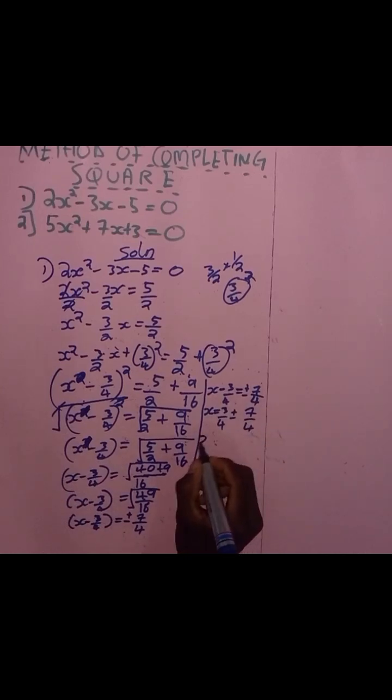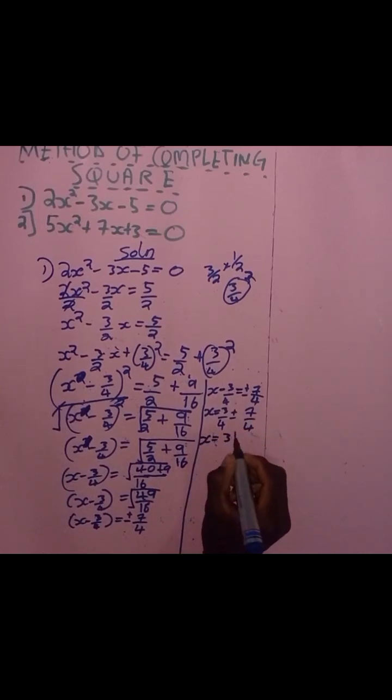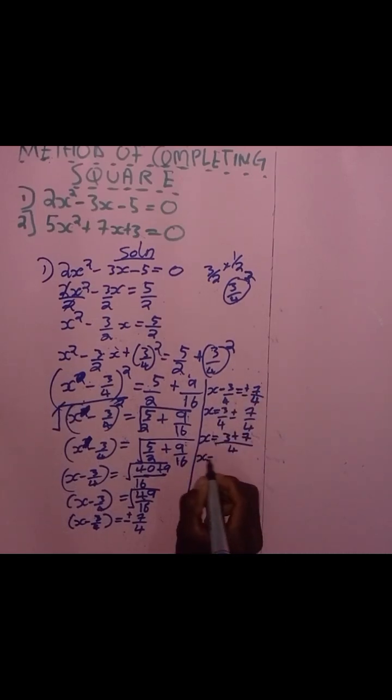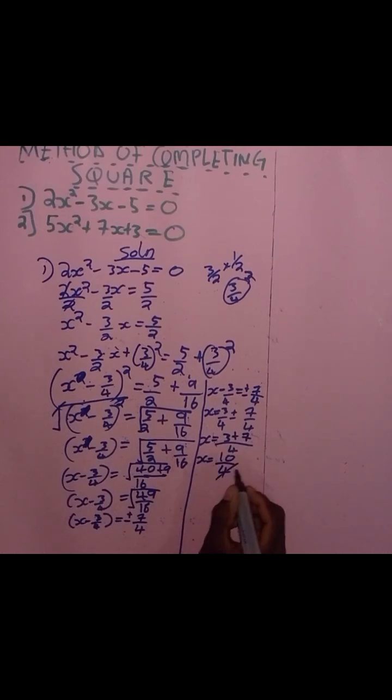So therefore x is equal to 3 plus 7. The LCM will be 4. Let's start with the positive sign. With 4 the LCM, x is equal to 3 plus 7, we are getting 10 over 4. So therefore 2 here, 2 and 2 here is 5, which x is equal to 5 over 2.